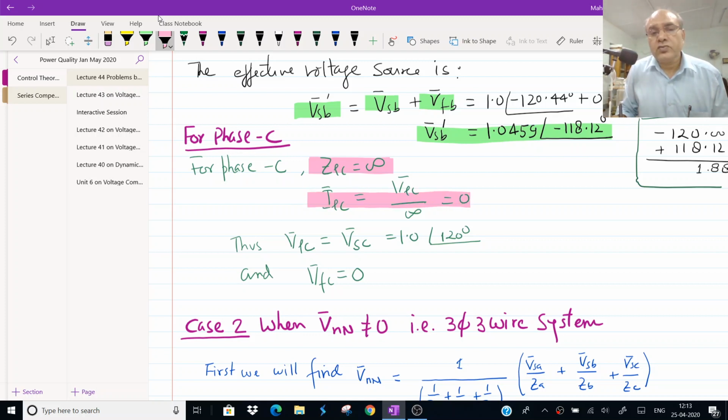Once ILC is equal to 0, there is no voltage drop across the feeder, and hence the VLC is same as VSC, which is 1.0 angle of 120 degree. So we have the same voltage as the source voltage, which is 1.0 angle of 120 degree.